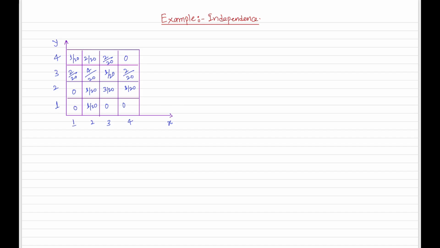We have also seen the definition of independence of random variables. So this is what we are talking about through an example. We have this joint PMF and we just want to know whether these two random variables, X and Y, are independent.